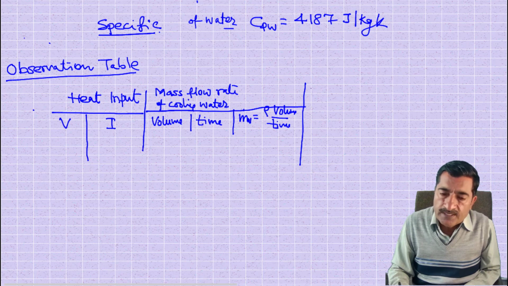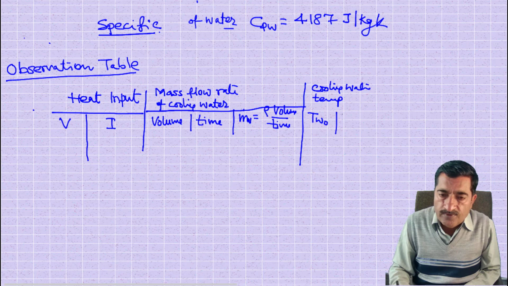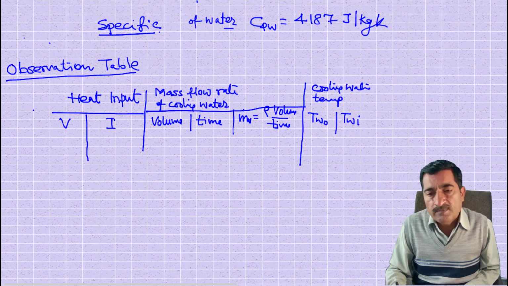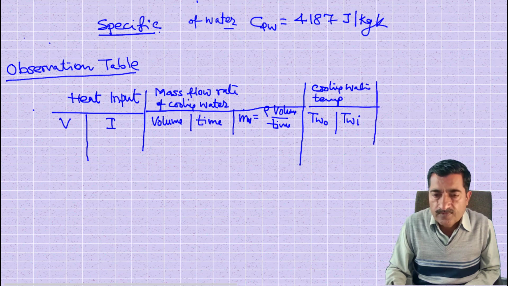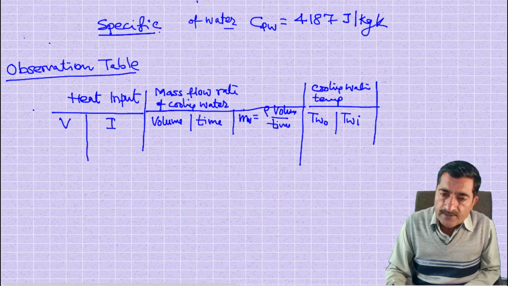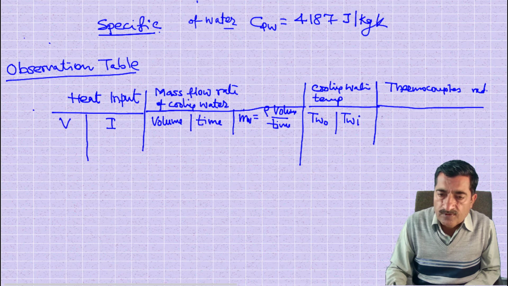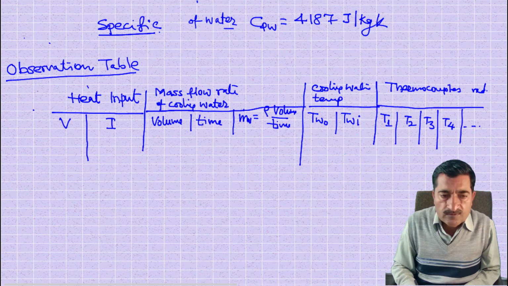Then cooling water reading, temperature TWO and TWI, inlet temperature and outlet temperature of cooling water, and thermocouple readings T1, T2, T3, T4, number depends on number of thermocouples. So draw an observation table.